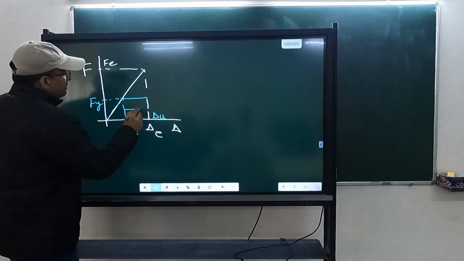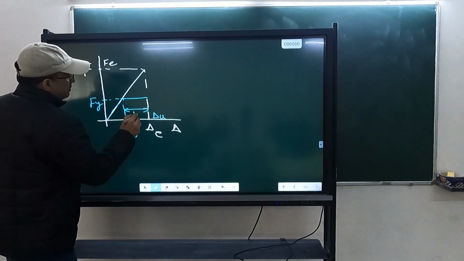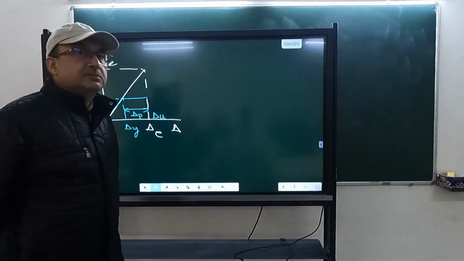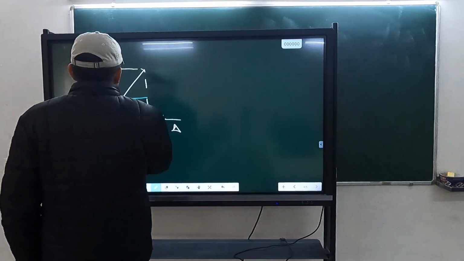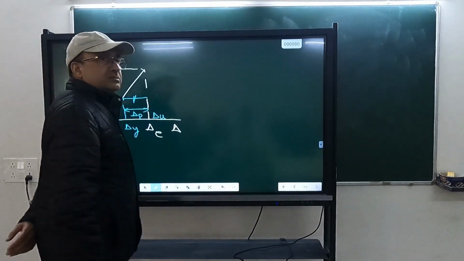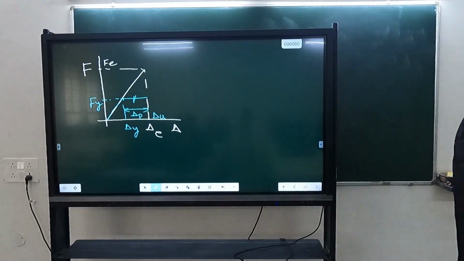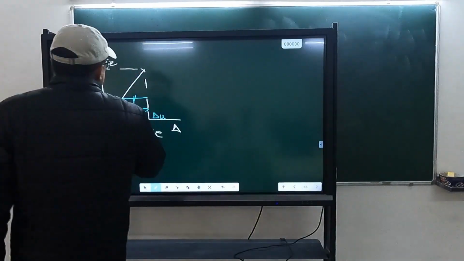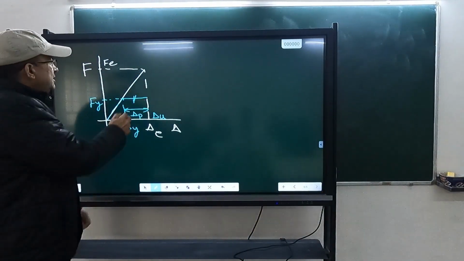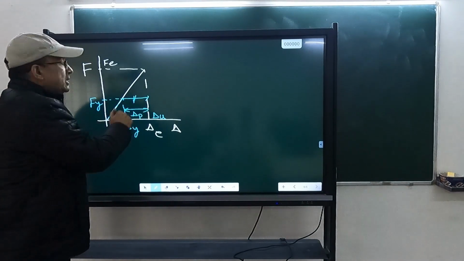Okay, and this is our plastic displacement or inelastic displacement. We have to reduce this because this is causing damage. Till this point, there is no damage. The damage starts from here and it goes on increasing and here it collapses.